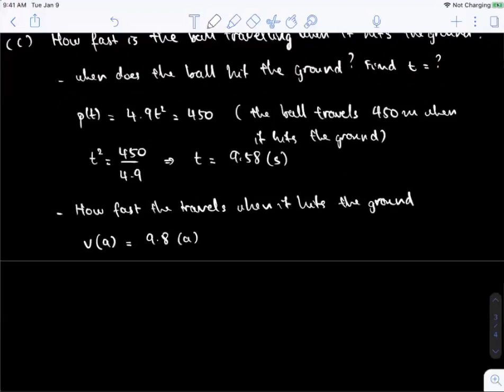And a is the time it travels at that given moment. And here, when it hit the ground, it took 9.58 seconds. So you're going to substitute that into the formula for a. So 9.8 times 9.58, and this is approximately equal to 94 meters per second.